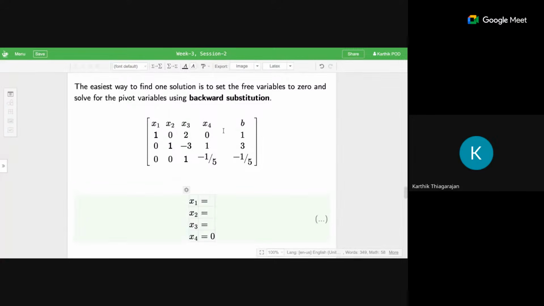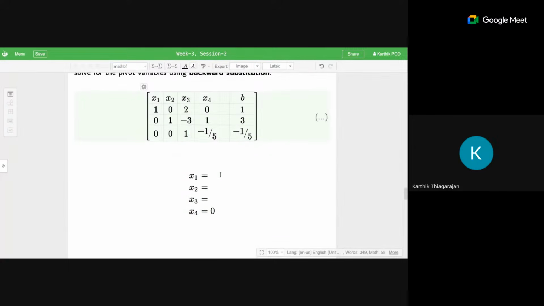So what is x3 from this? Minus 1 by 5. Minus 1 by 5 is correct. Yeah, x2. What is x2? All this fraction business I hate, but anyway, 3 is there on the right hand side, and then plus 3x3 will happen, right?